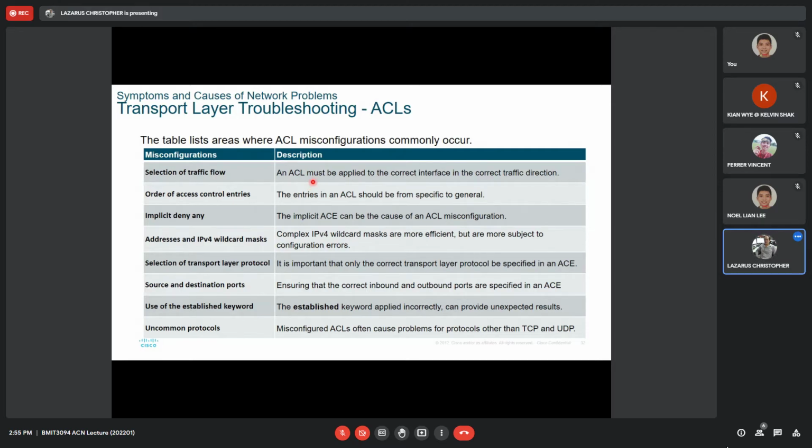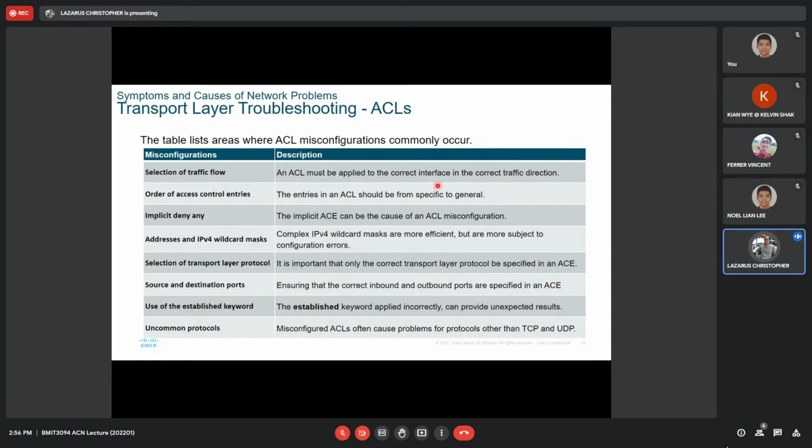Sometimes the order of how you place your entries can accidentally block a certain port. So your entries, when you're doing your ACL, should start with the specific. That means if you want to block a specific IP address or a specific port, that goes first, and then the next one is more general, then the next one more general.